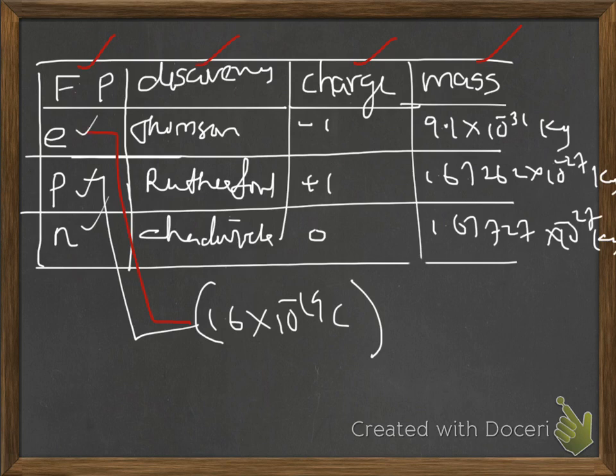Electrons have comparatively less mass. With this, we come to the end of the discussion on properties.